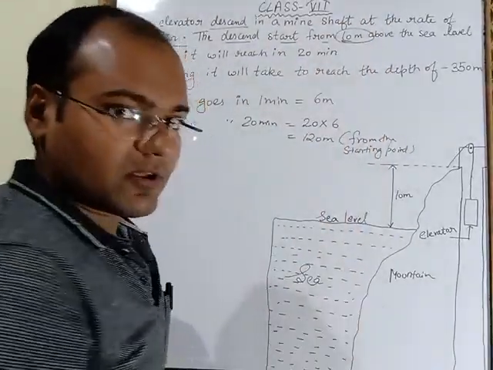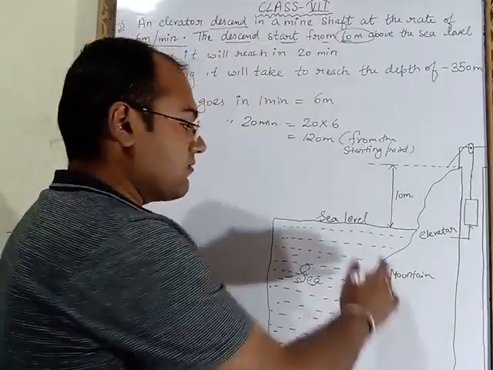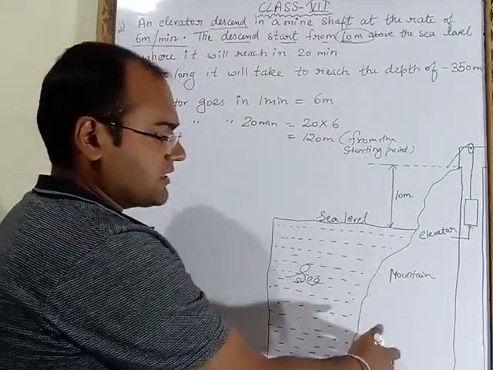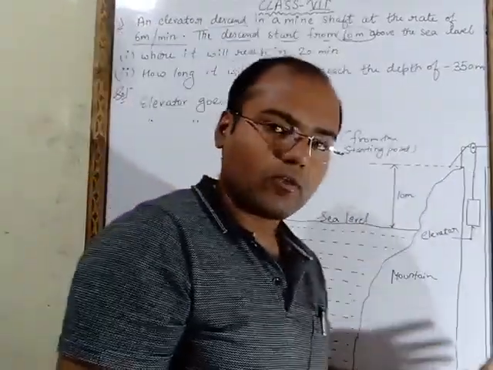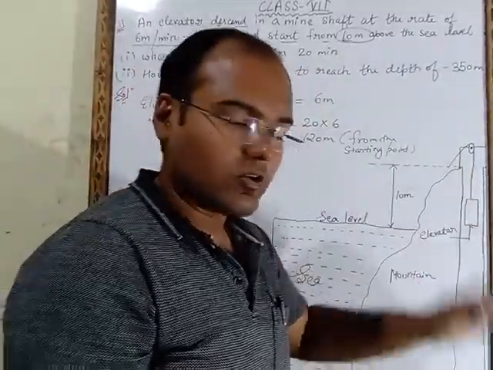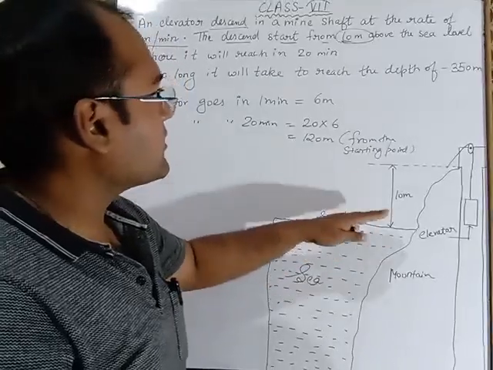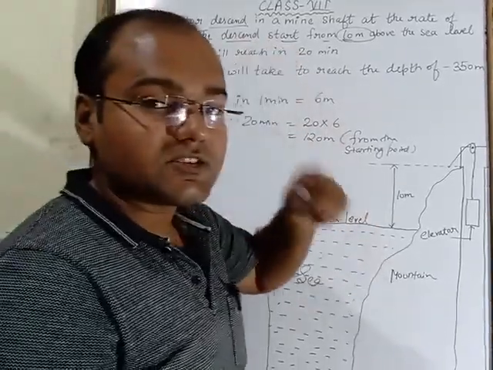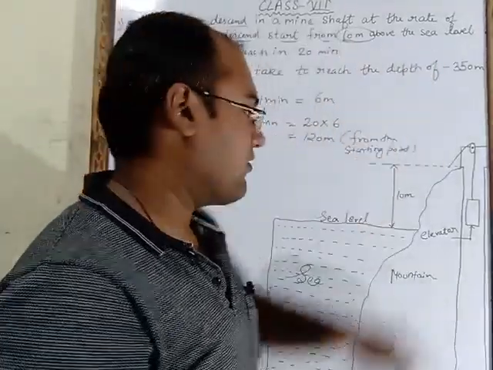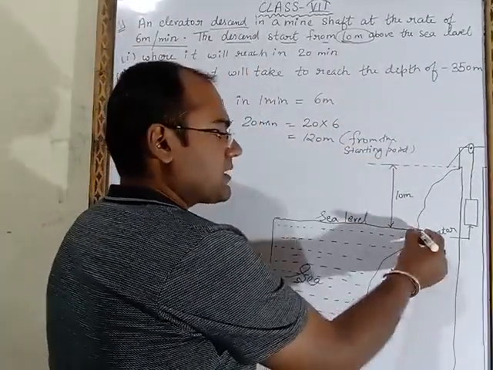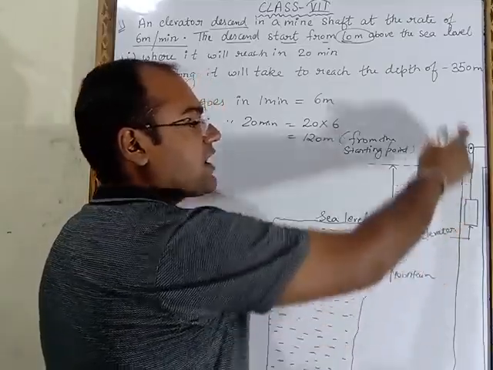So see this diagram, it will make you clear. This is the sea and this is one mountain. In this mountain a gold mine or coal mine is there, mining activity is going on. From where this mining activity starts, the descent starts from 10 meter above the sea level. This is the sea level, but this mountain is very high.